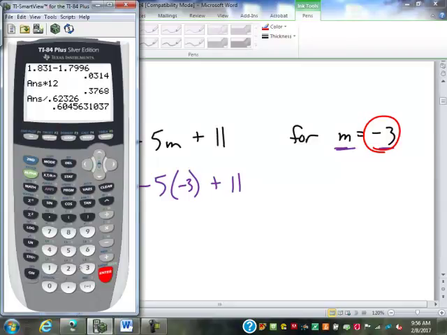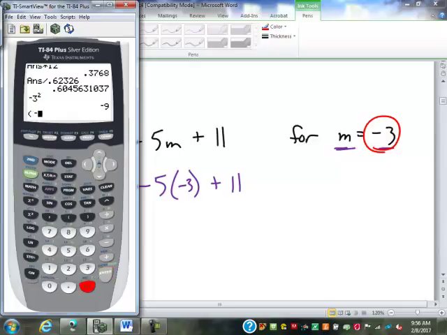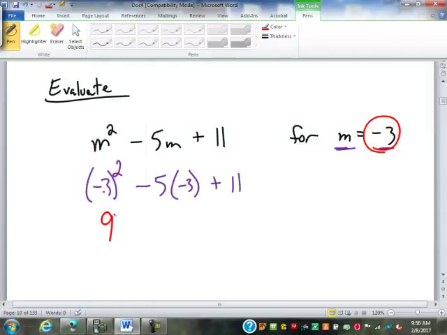We've gone over this before. If you just do negative 3 squared, it's going to try to tell you negative 9. And that is where I'd say 9 out of 10 students who get this question wrong on the test, that's the part they messed up, was squaring the negative. When you square a number, it is always positive. Your calculator needs it in parentheses so it knows what to do with it. So that is 9.